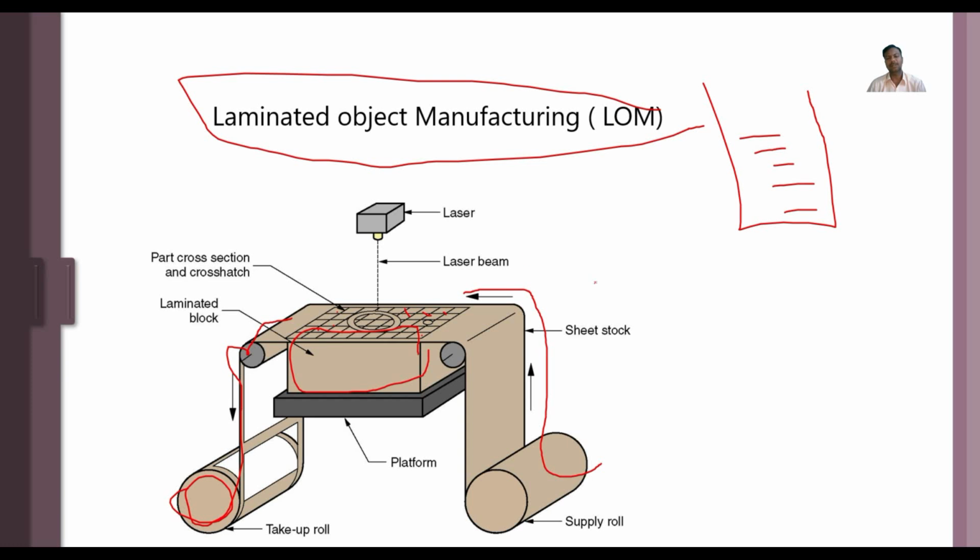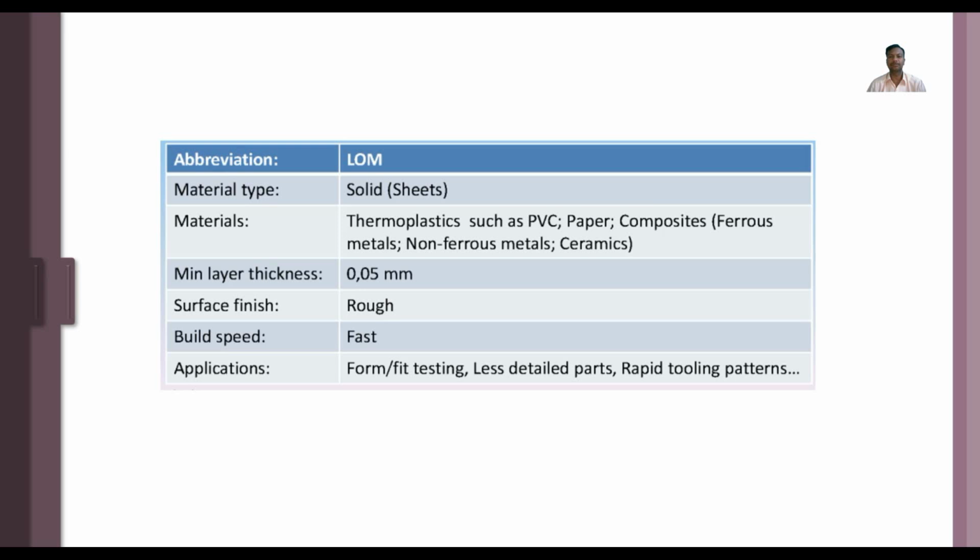This is very important especially for architecture based applications, where the materials used are sheets, PVC, and papers, and we can achieve up to 0.05 mm resolution thickness. The surface finish is very high, and the build speed is very fast. So where rapid tooling parts are required and architectural prototypes can be printed.